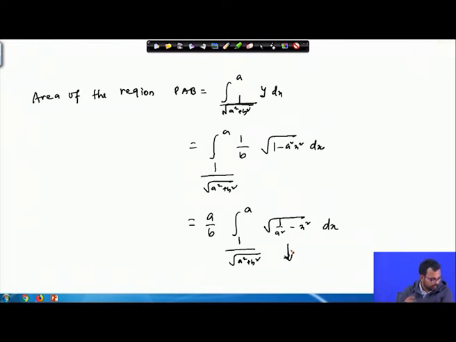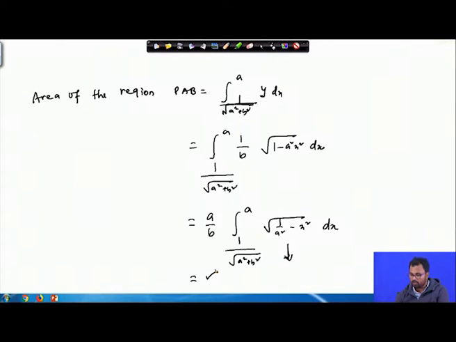If we integrate this, the first part will reduce to x times the square root of 1 by A square minus x square, by 2, plus 1 by A square times sine inverse of x by 1 by A.